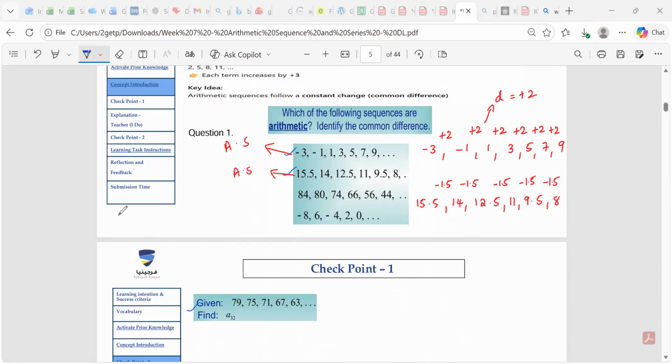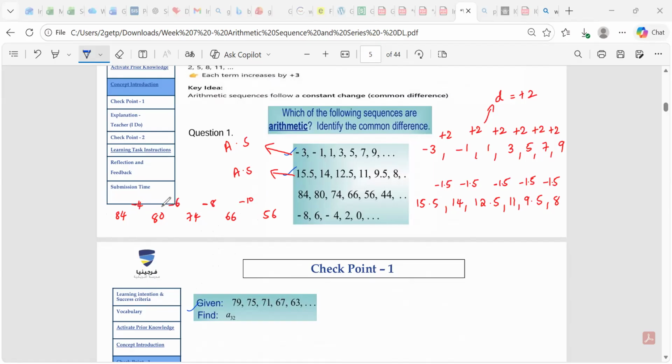Let's check the next one. 84, 80, 74, 66, 56. Now 84 minus 4 is 80. 80 minus 6 is 74. 74 minus 8 is 66. 66 minus 10 is 56.